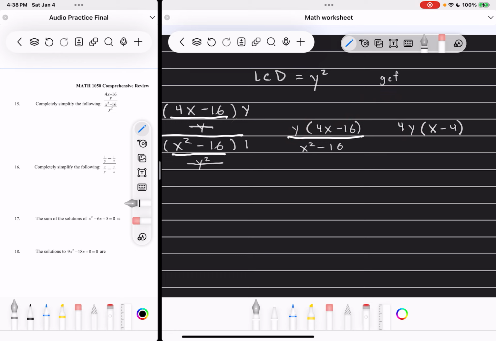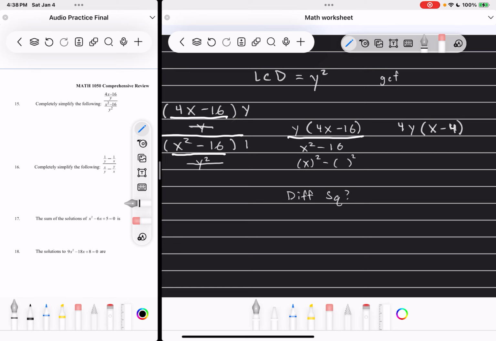So the next thing we're going to do is our denominator. Now the denominator is a binomial. So this one we're going to ask ourselves, is this a difference of squares? We have x squared, so that would be x thus squared. And then we have 16. So what number is 16 squared by?